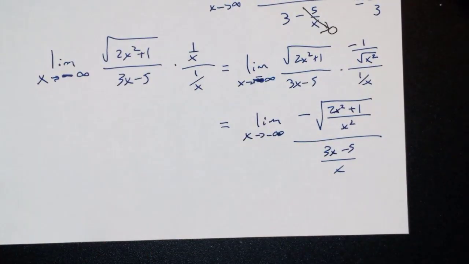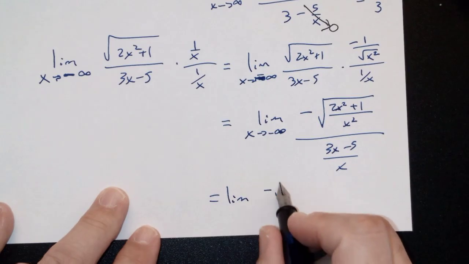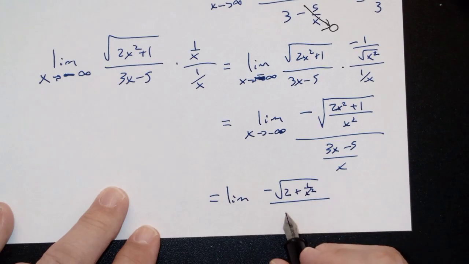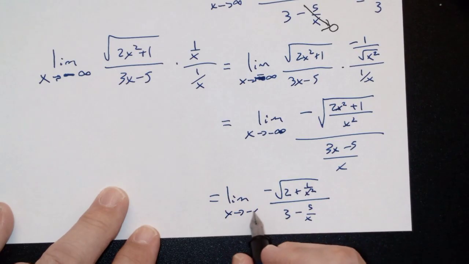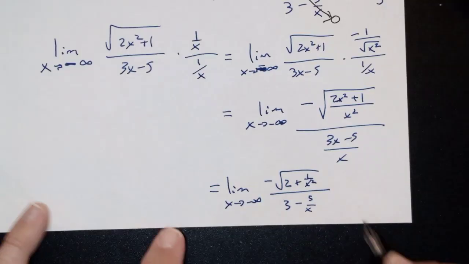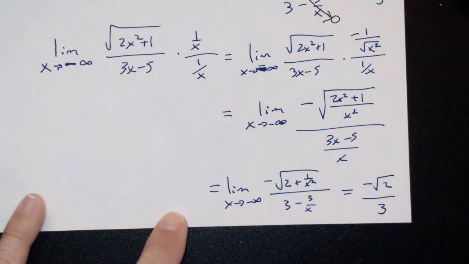Which means, with the exception of that extra minus sign, everything happens just like before. And that means this 1 over x squared becomes 0 again. This 5 over x becomes 0 again. And I get negative square root 2 over 3.